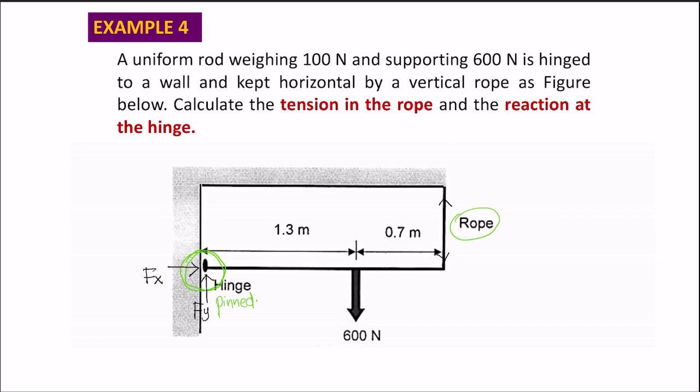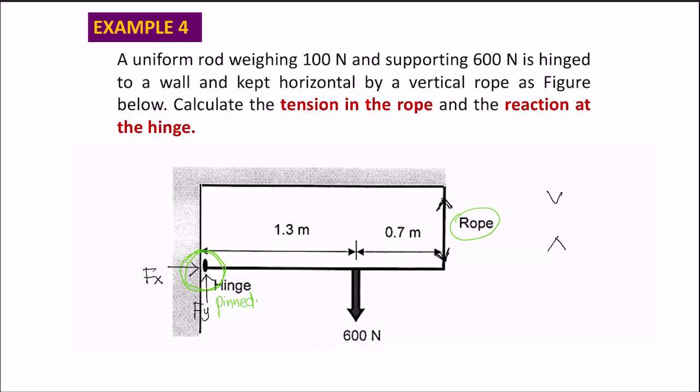But here, actually kita dah tahu sebenarnya. We can see that this is in tension. Therefore, kita assume dia go like this lah. Kalau compression, dia akan macam ini. Right? Masuk ke dalam. Kalau tension, dia akan keluar, ditarik. So, dia keluar.